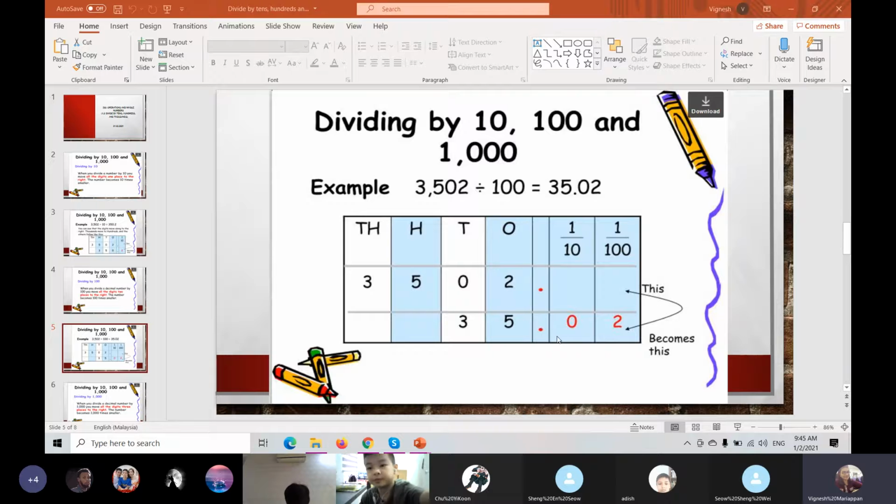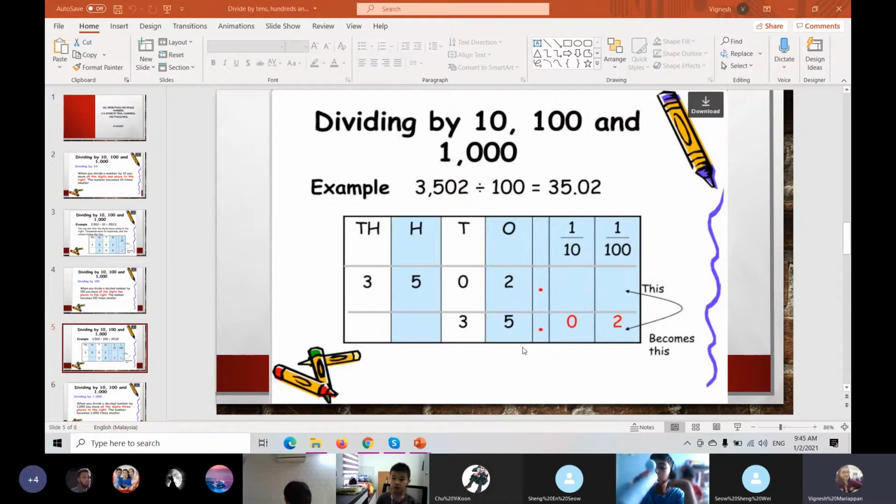We have to start the place value with the tenths, hundredths, thousandths, ten-thousandths and so on, only for the decimal numbers. But the number left of the decimal will start from 1, 10, 100 and 1000 as usual. So 5 is the ones, 3 is the tens. Understand or not? 35.02. The place value is very important.